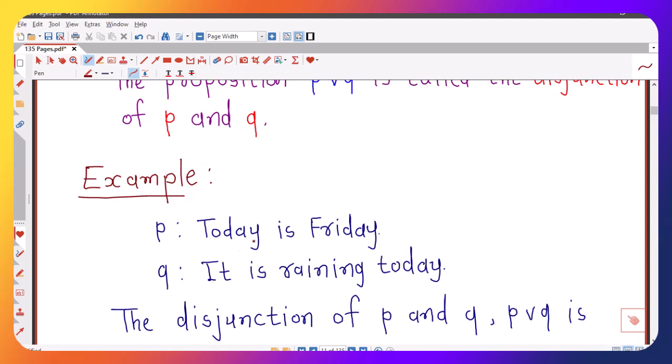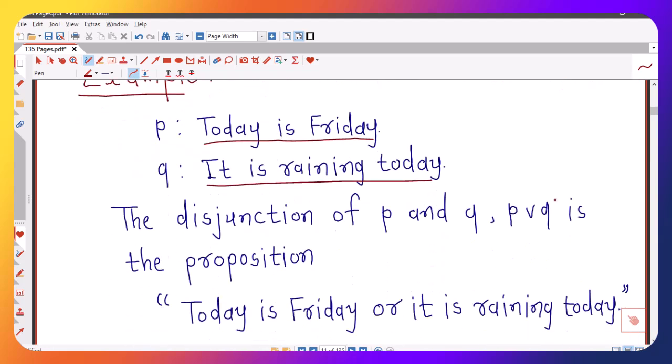So here I have taken two propositions. Suppose P is today is Friday, Q is it is raining today, then the disjunction of P and Q is P or Q, that is today is Friday or it is raining today.